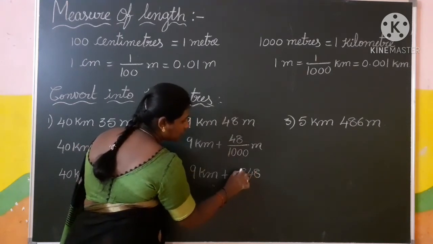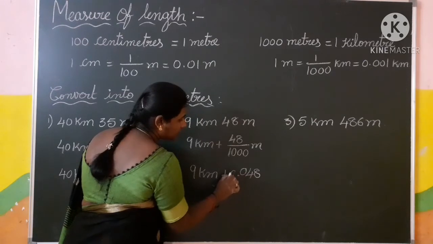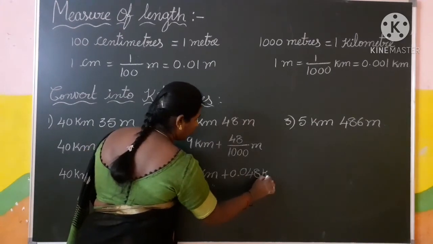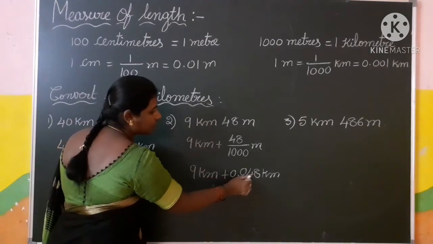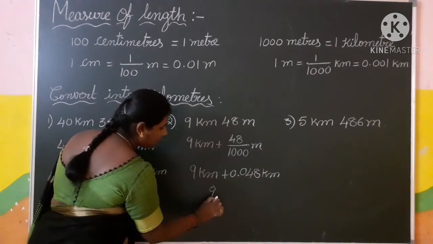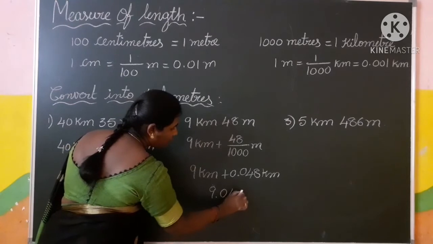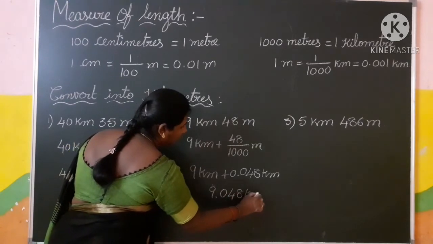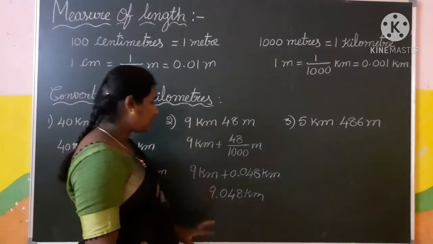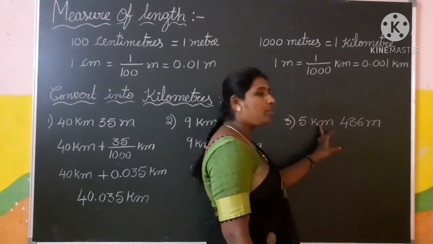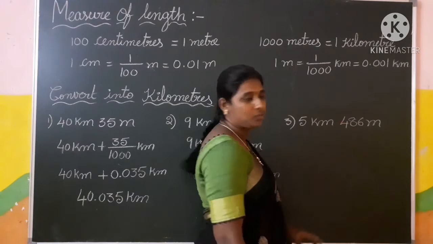Only 2 numbers, so we should take 0 as another number. 0.048 kilometer. So the answer is 9 kilometer plus 0.048 kilometer, 9.048 kilometer. 9 kilometer 48 meters is 9.048 kilometer.